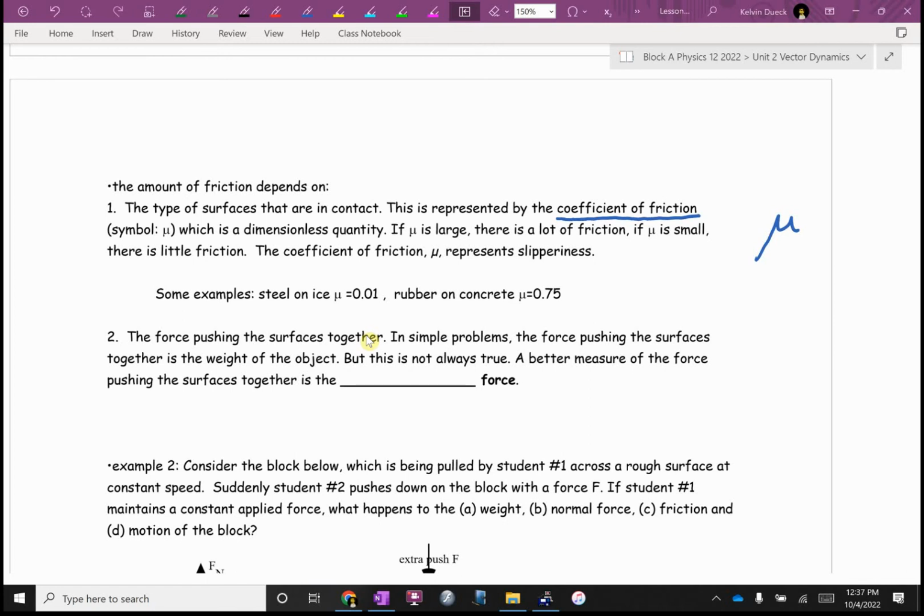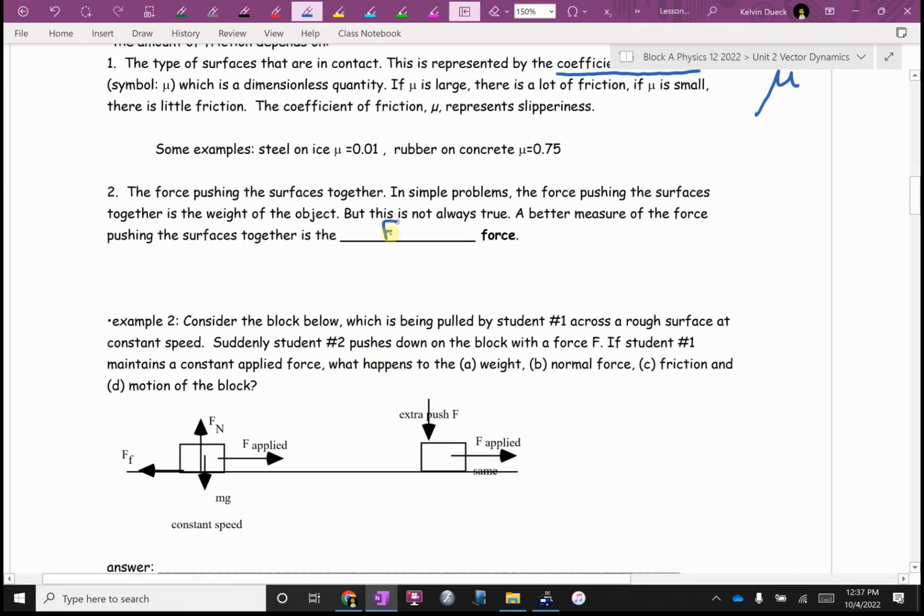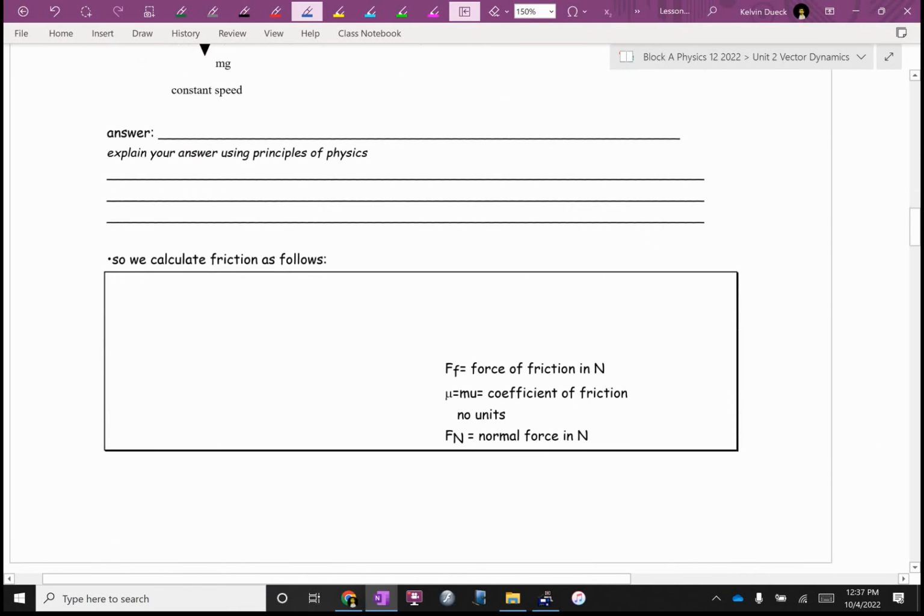When you push down on something, friction gets bigger. So we said that friction depends on mu, the coefficient of friction, and the normal force. And in fact, the box down here, most of you probably memorized from last year, says that friction is mu times the normal force.